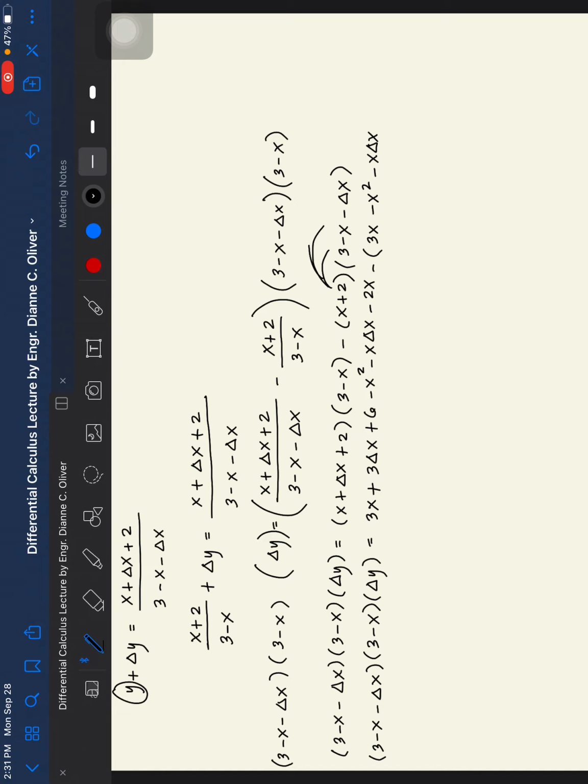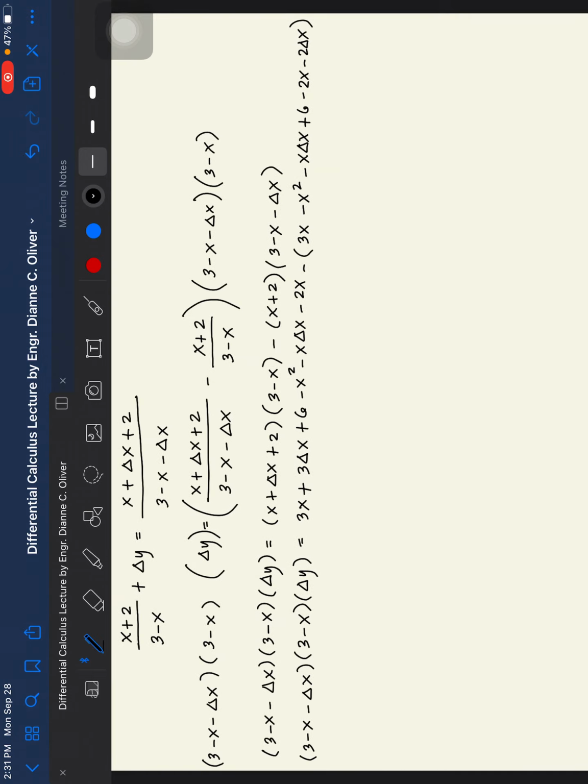Next, distribute the 2: we have positive 6, negative 2x, negative 2 delta x.